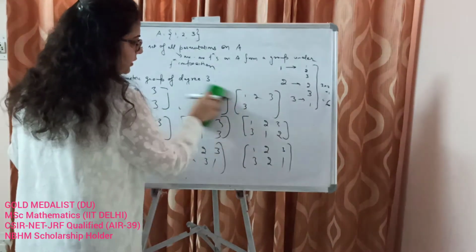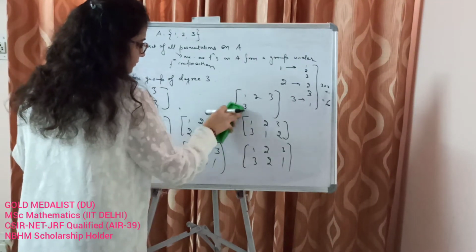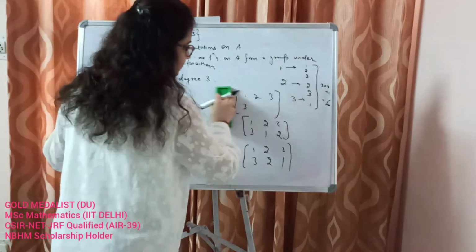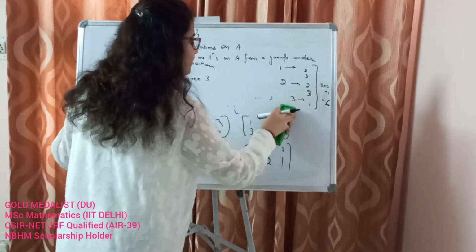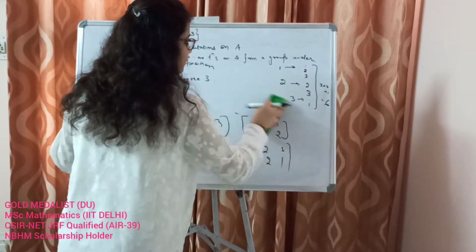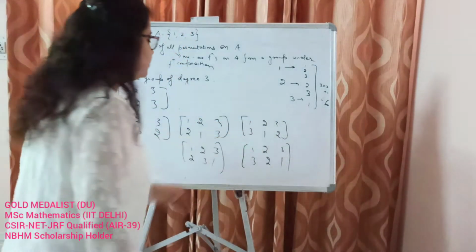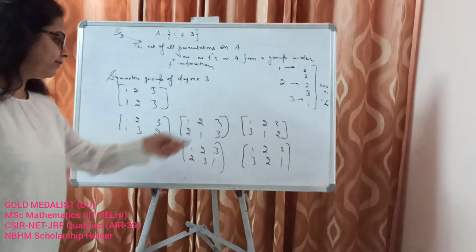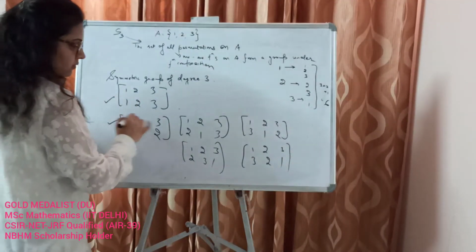We have already taken these elements. I wrote this in the next line, so that is why we are not left with any values in those permutations. So we have 6.